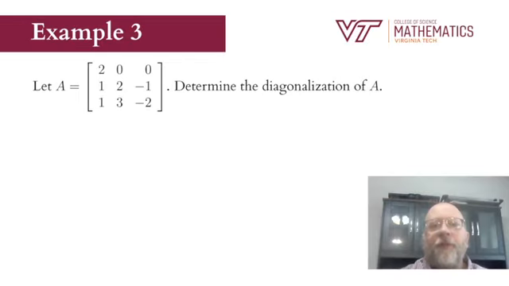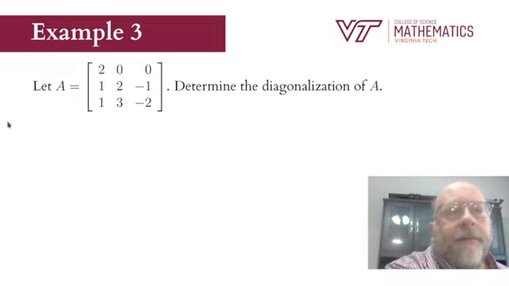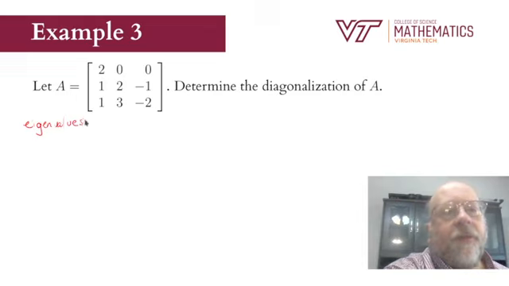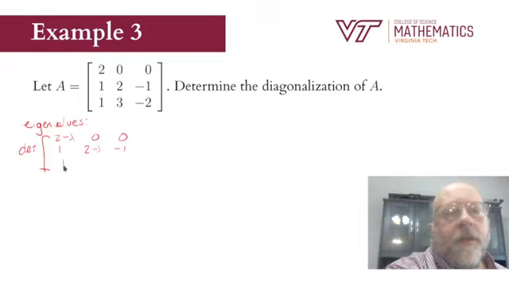Here we have a 3 by 3 matrix. We would like to determine the diagonalization of this 3 by 3 matrix. It's going to take us a little bit longer because it's a bigger matrix. For the eigenvalues, we're going to take the determinant of 2 minus lambda, 0, 0, 1, 2 minus lambda, negative 1, 1, 3, negative 2 minus lambda, and set that equal to 0.